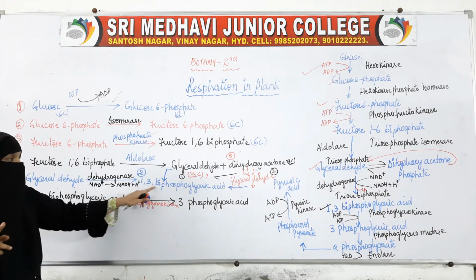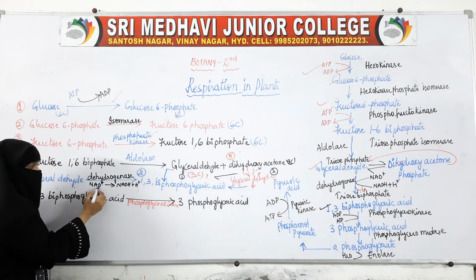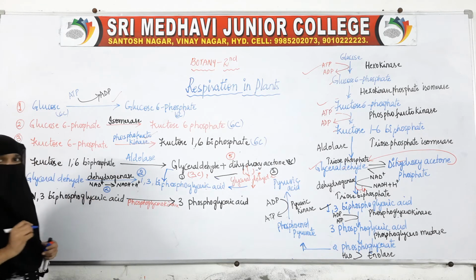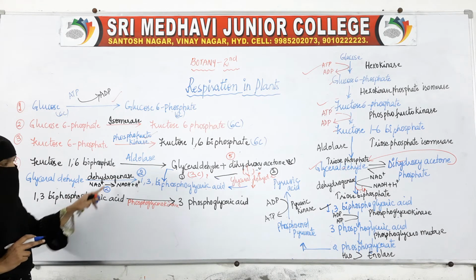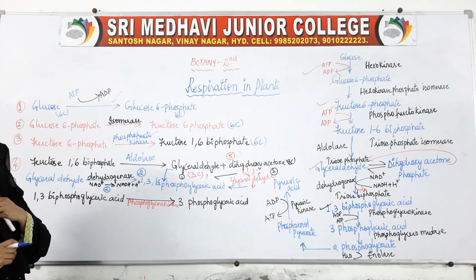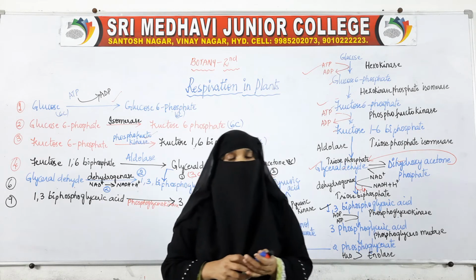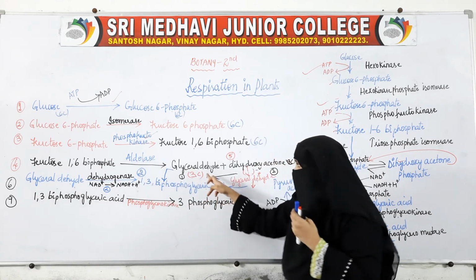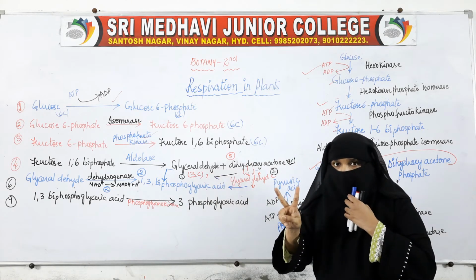So, 1,3-biphosphoglyceric acid will be there, and how many NAD plus will be there? 2 NADH will be produced, because this is for one glyceraldehyde. So, for another glyceraldehyde, another NAD plus will be used, and it will be reduced to NADH plus H plus. So, from now on, everything which is formed is 2, 2.